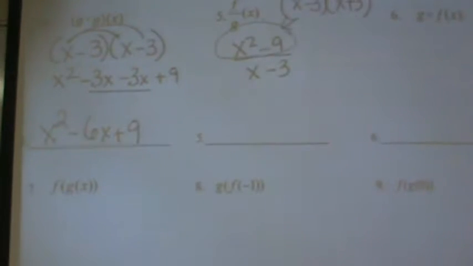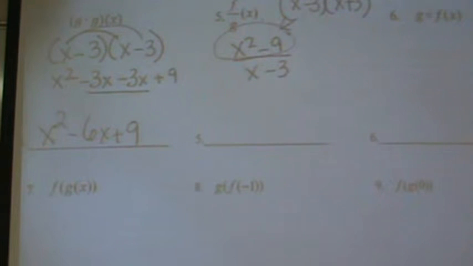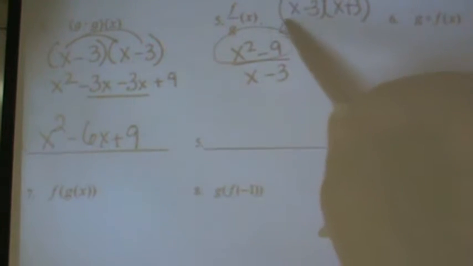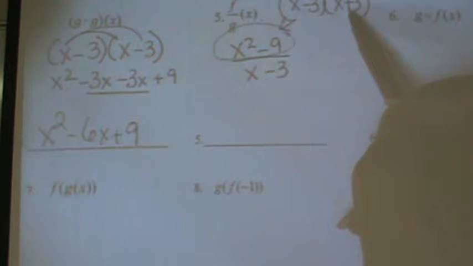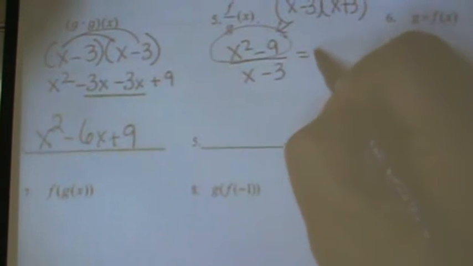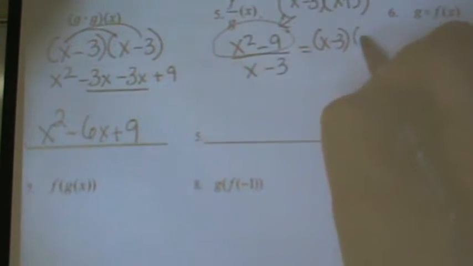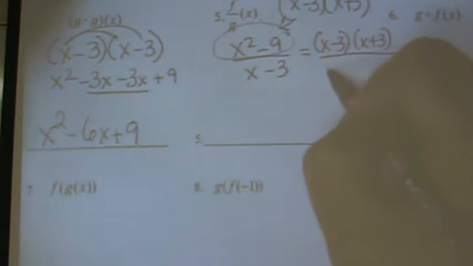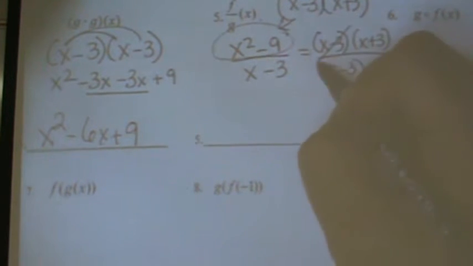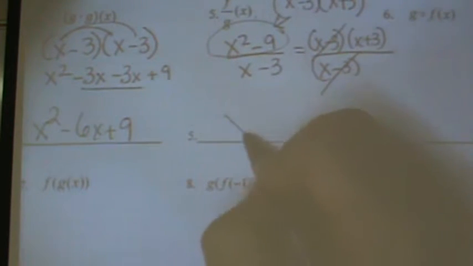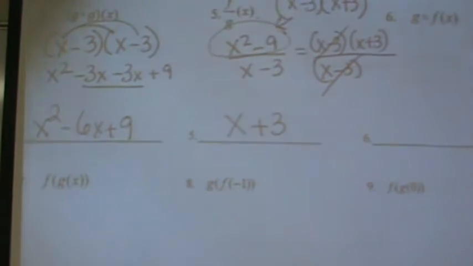And I gave you a hint on that one. So what cancels then? The x minus 3's cancel, and you're left with x plus 3 as your answer.